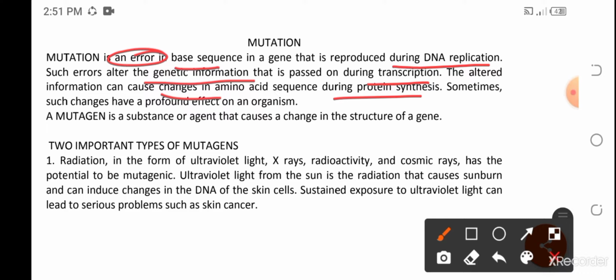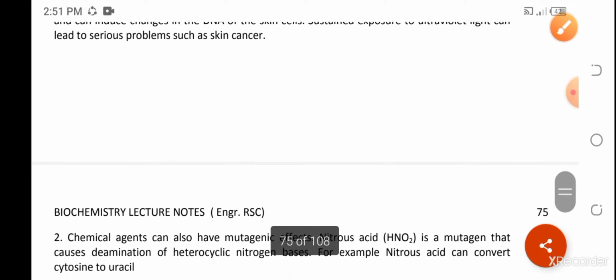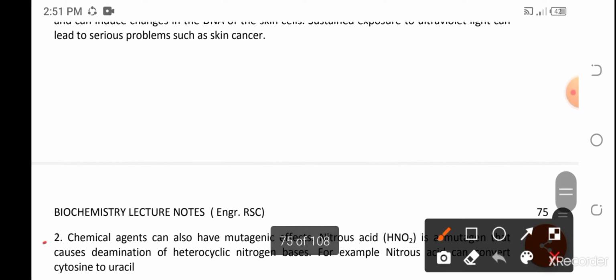Now, the substances or agents that cause this change in the structure of the genes, or error in the genes, are mutagens. We have two important types of mutagen. We have radiation and we have chemical agents.